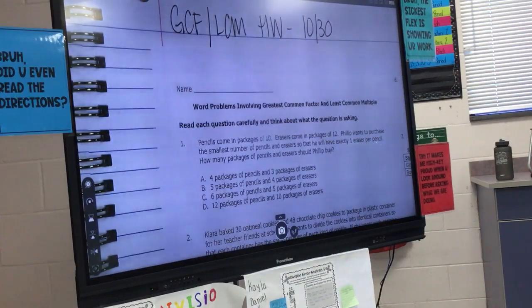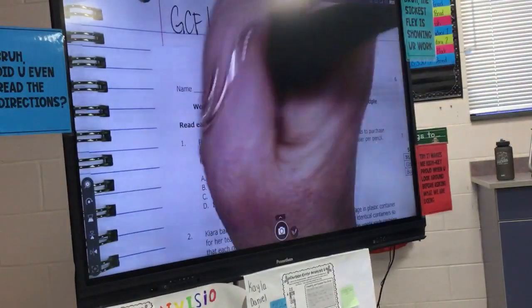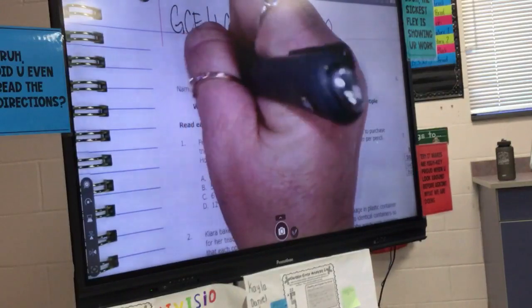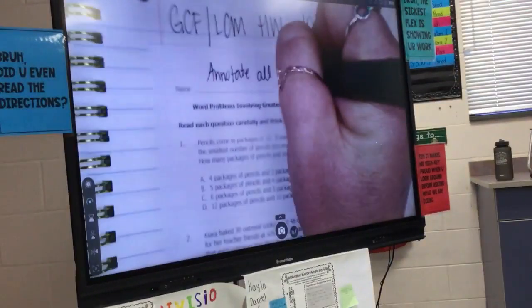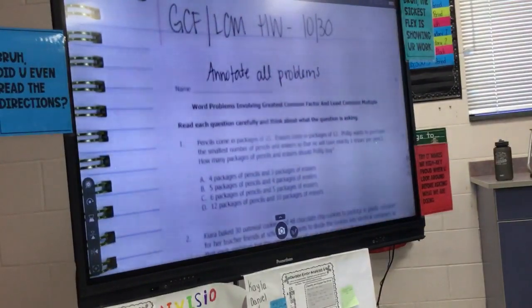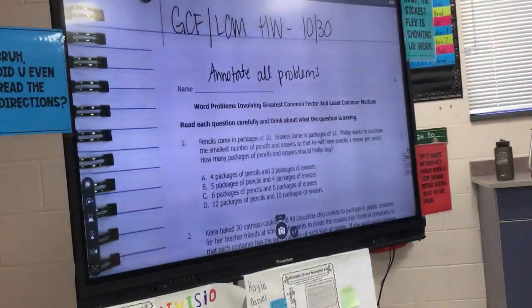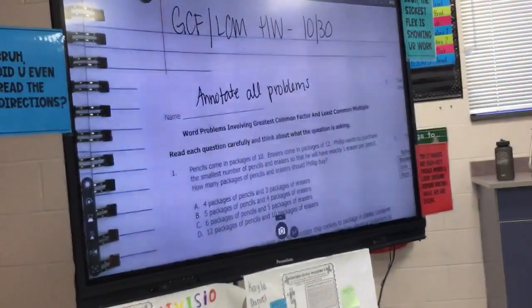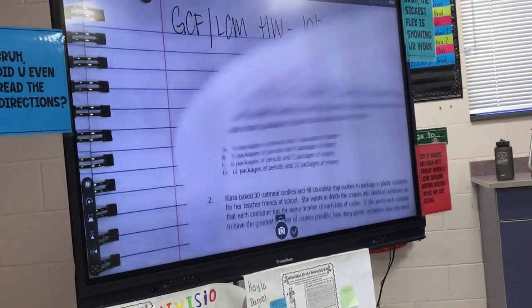All right, as you notice, these are all what? Word problems. So, what do you have to do? You're annotating all of the problems, whether you are solving them or not. You have 16 problems on this page, and you're annotating all 16 of them.